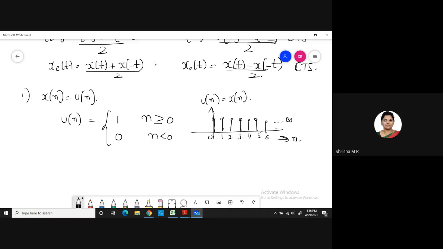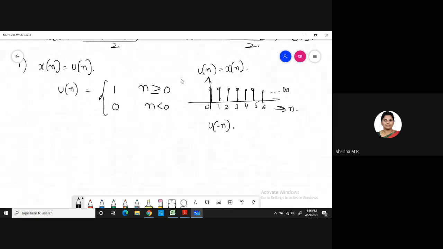Okay. So to find the even and odd part of the signal, you have to plot u of minus n, time reverse version of u of n. If you fold it about y-axis, what do you get?